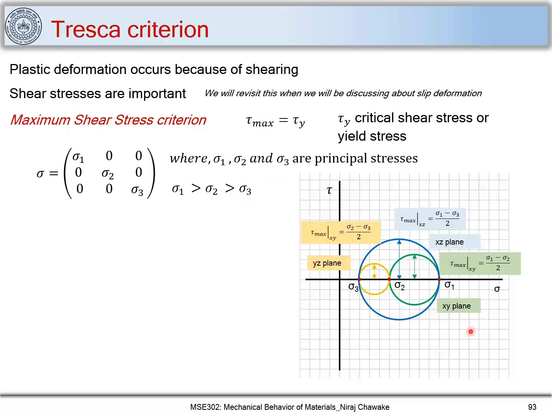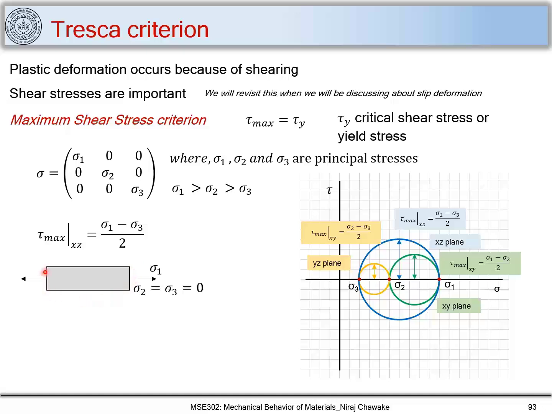We have seen this 3D stress state when we discussed Mohr's circle, and we figured out what the maximum shear stress is and at which planes it is experienced. Here, where sigma 1 is greater than sigma 3, we get the maximum shear stress at this xz plane, where tau max can be written as sigma 1 minus sigma 3 upon 2.